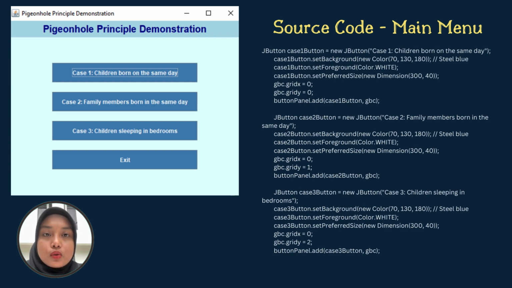For the background, foreground and preferred size, the source code is case 1 button dot set background, and we provide the color we want, which is steel blue, and the foreground color is white, and the preferred size dimension we put is 340. Case 2, case 3, and the exit button are provided with the same thing.